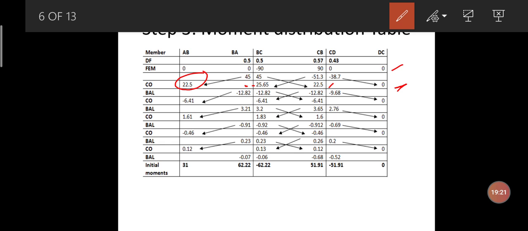So next step is I have got the carryover moments here. So next I need to balance these unbalanced moments at the joints first. So therefore minus 25.65 is there at BC, which I need to distribute for BA and BC equally by using the distribution factors 0.5 and 0.5.